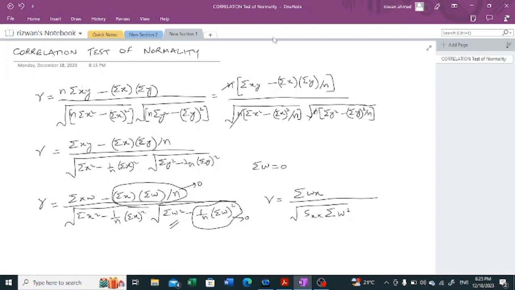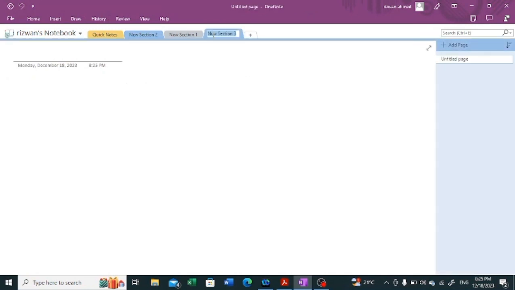Now I'm taking an example with data of my own, and let's assume that we are asked to test the hypothesis that marks of students are not normally distributed.